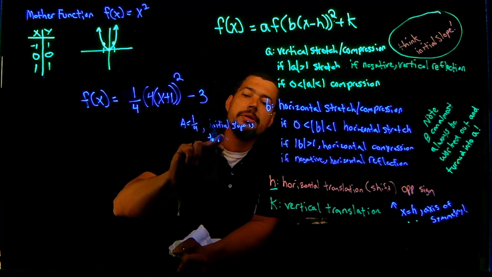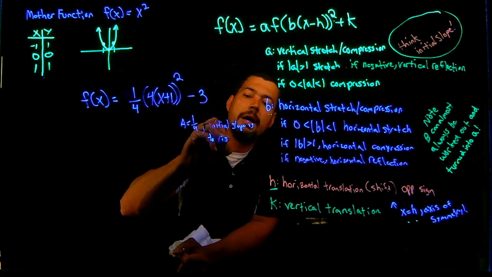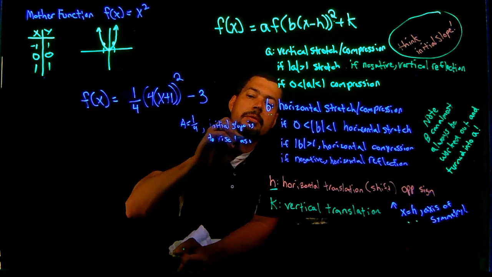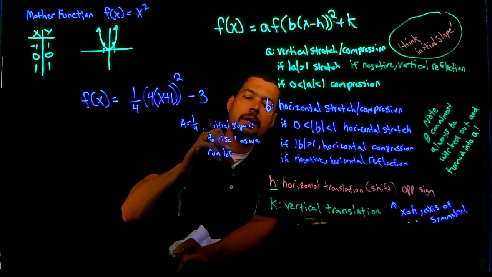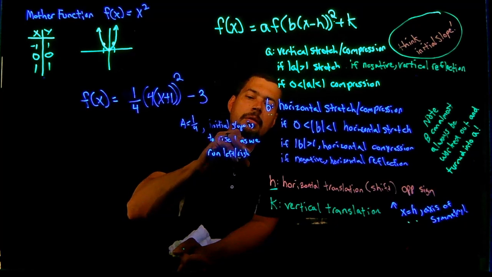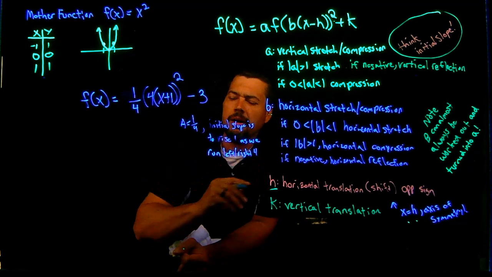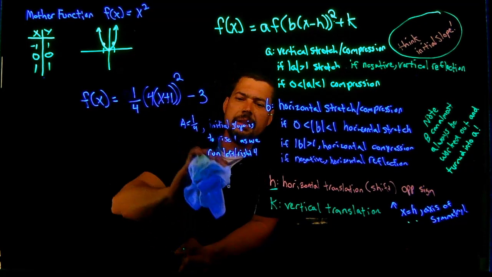Hold on, let me change that. To rise 1 as we run left or right 4. No, that's not what initial slope is. See, I did that on purpose.